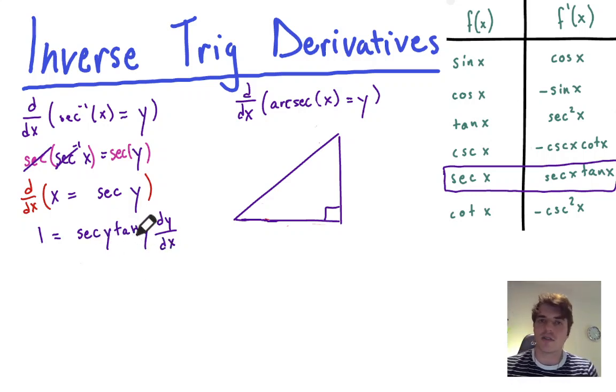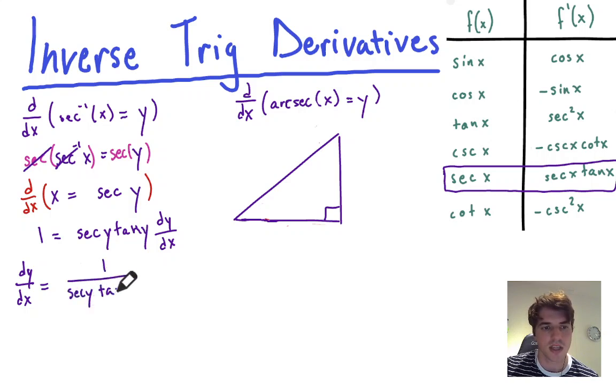I'm going to go ahead and divide both sides by this, so we have dy/dx by itself. We have dy/dx equals 1 over secant of y, tangent of y.